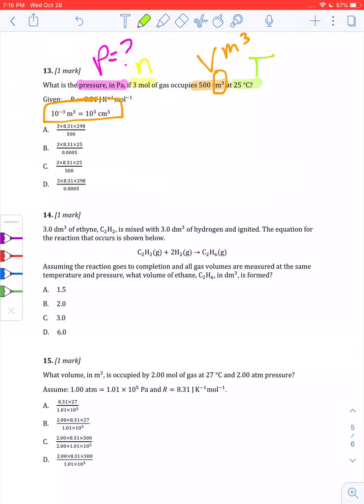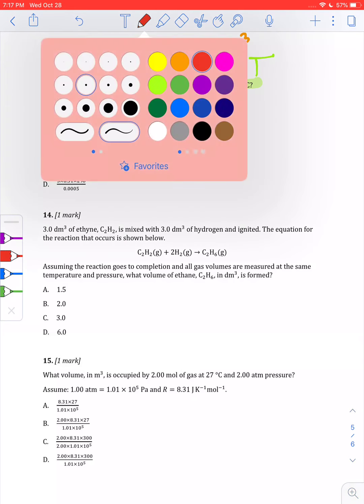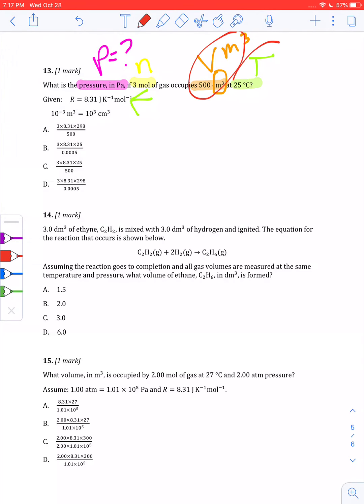And then our temperature is here. So they give us P, V, or rather n, V, and T. We're solving for P. And then I kind of accidentally wrote over it, but here is R. They give us the R value here. So we just need to make sure that we're plugging these into the equation right. The only thing is we need to make sure we convert some of them first. Specifically, we're going to need to convert the volume to meters cubed, and we're also going to need to convert the temperature to Kelvin.